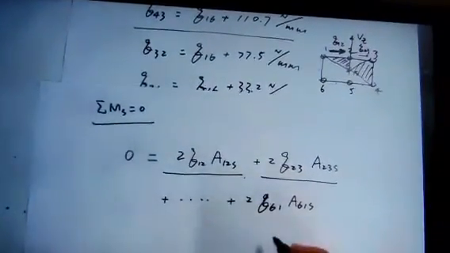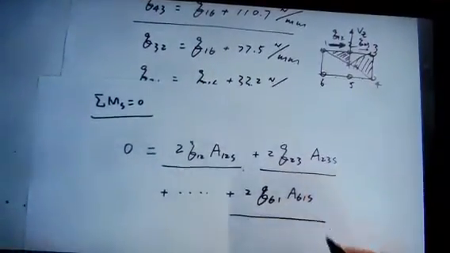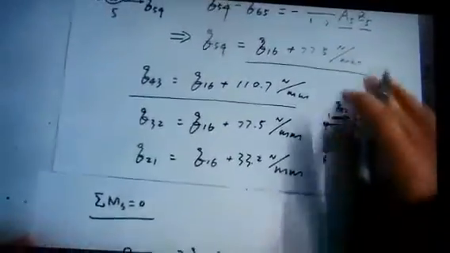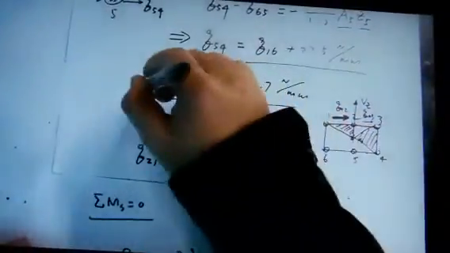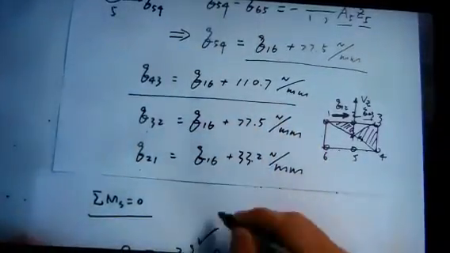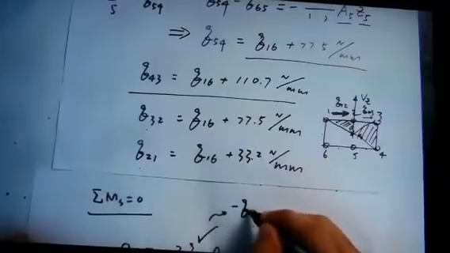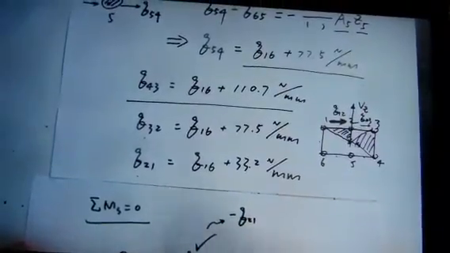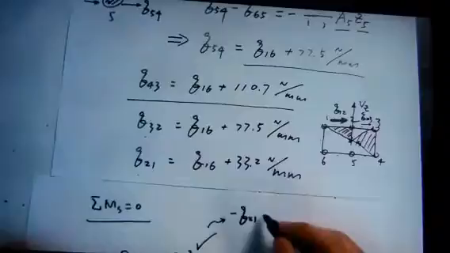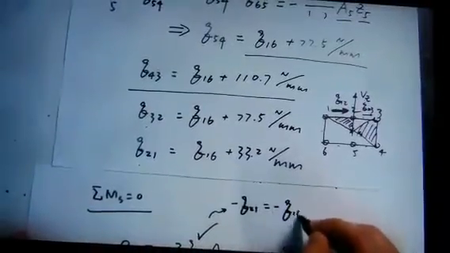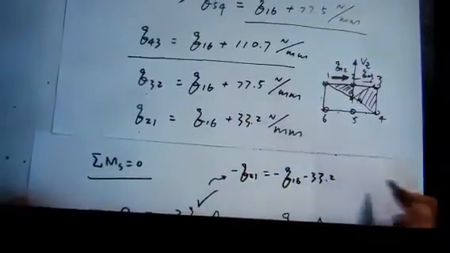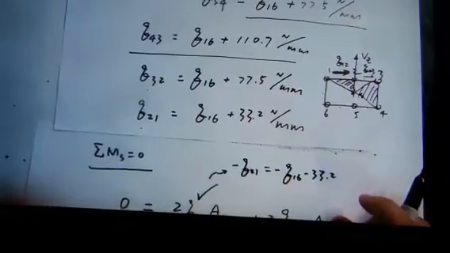And this is what you have on the right. You can use what you have calculated for shear flow: Q43, Q32, Q21. Q12 is equal to negative Q21, which is equal to negative Q16 minus some constant.